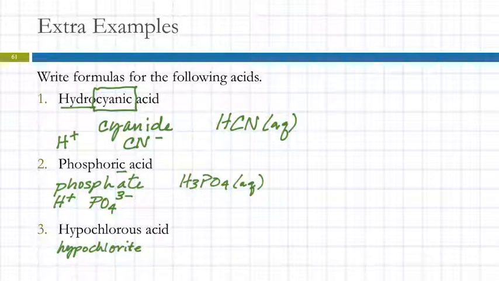Ite and ous. Hypochlorite ion. So ClO3 is the chlorate. ClO2 is chlorite, the one-less version. And hypo is 1 less than that. It's only got 1 oxygen.